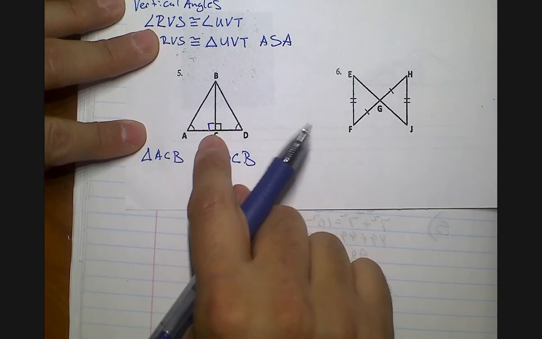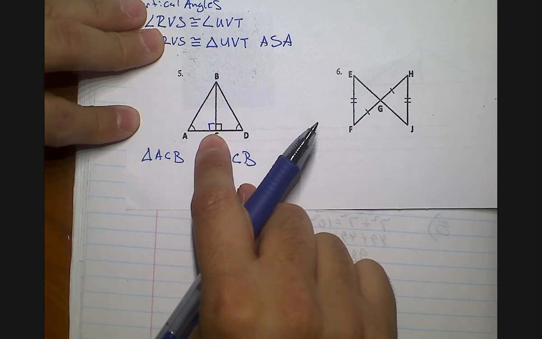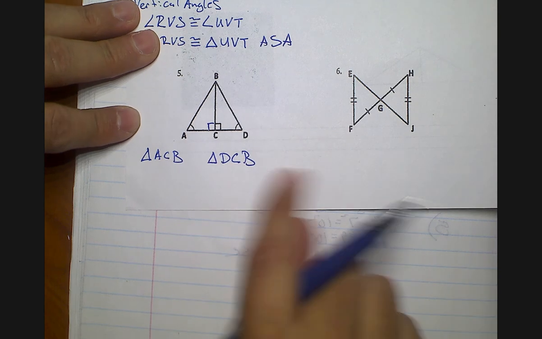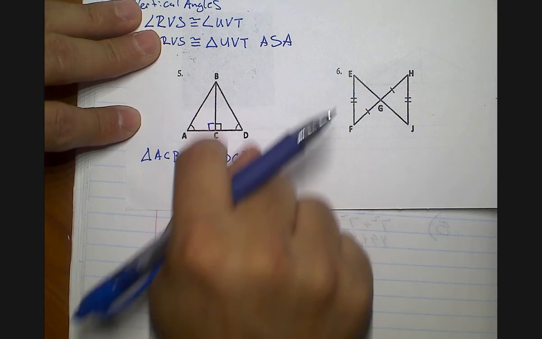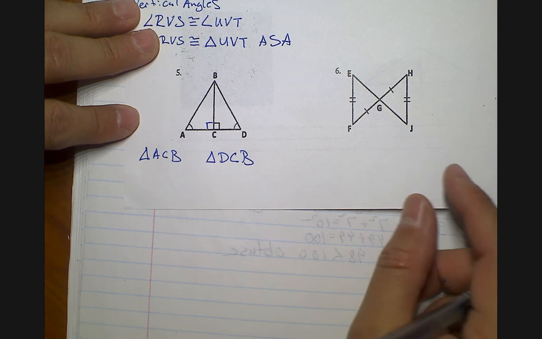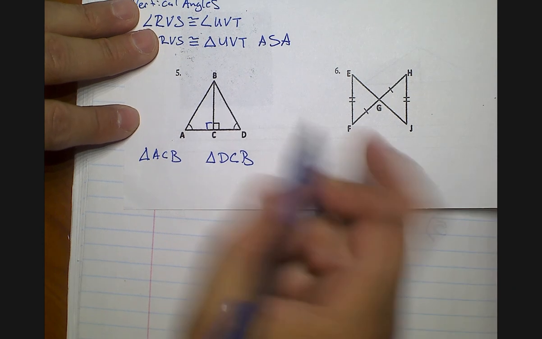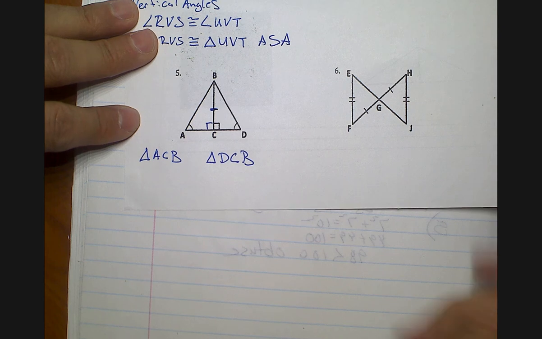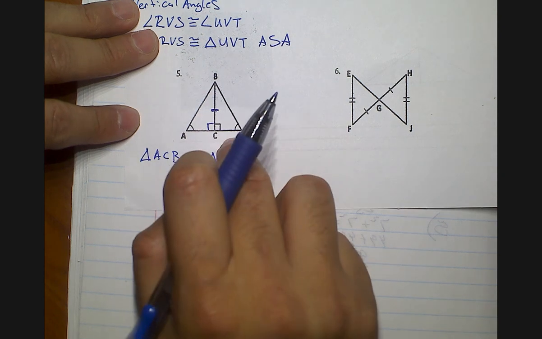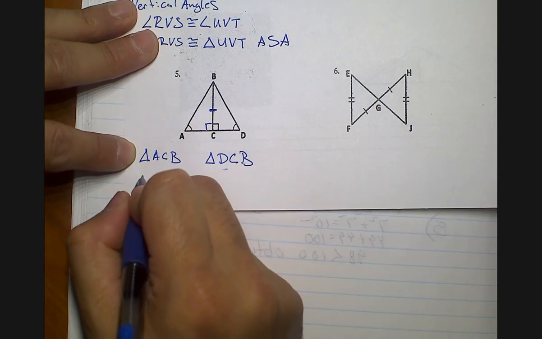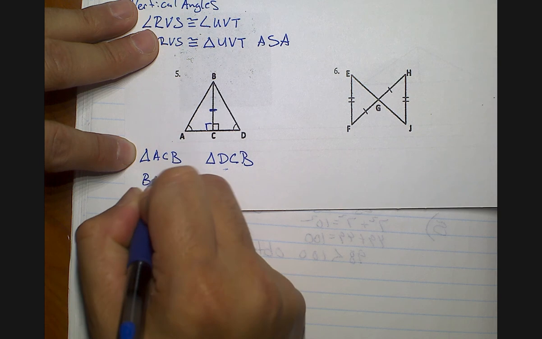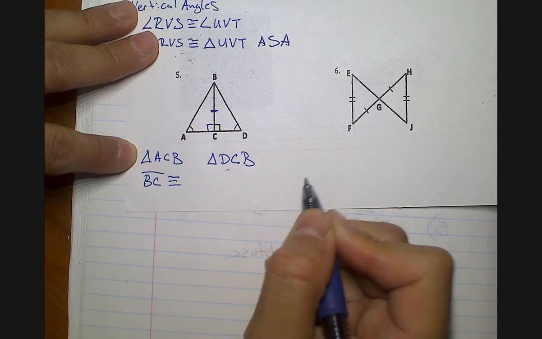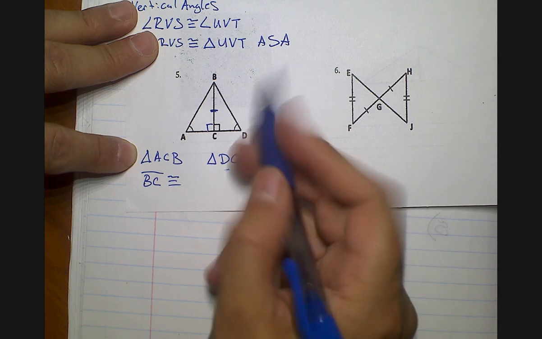Now, here's another identifying factor. Do they both share the same side? Yes. You guys recall, if they share the same side, what would I call that? Reflexive. Very good. So I would say that I have BC is congruent to BC.